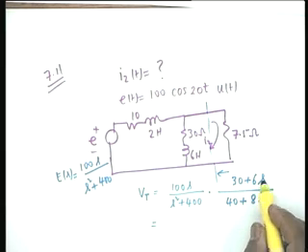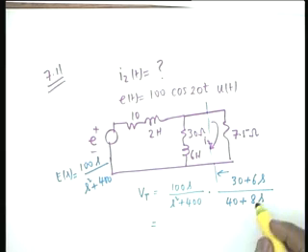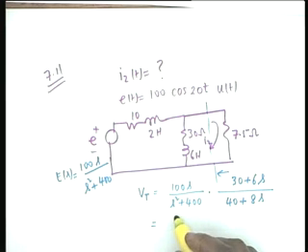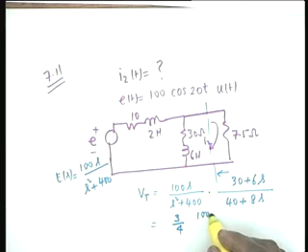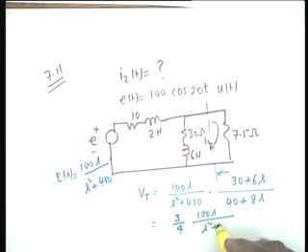Well, don't you see that they cancel out? S plus 5 cancels out, so it becomes simply 6 by 8, which is 3 by 4, 100S divided by S squared plus 400.